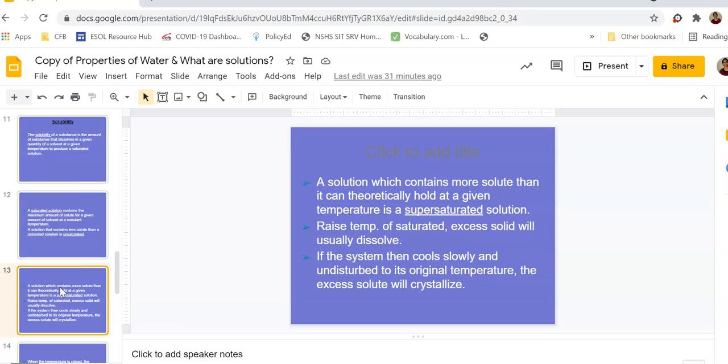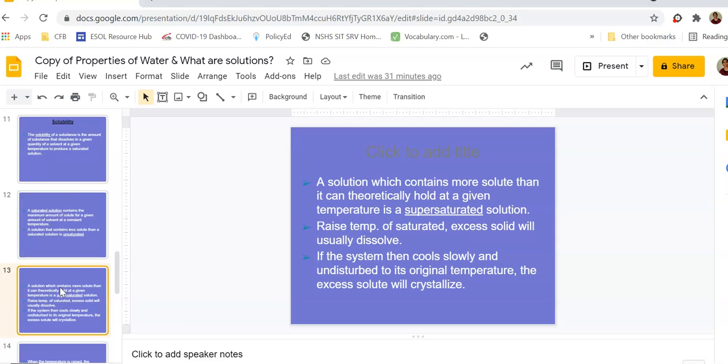So as you raise the temperature, you're able to dissolve some more. So you raise the temperature and you dissolve some more, and then you cool the solution down again. And when you do that, sometimes you still get the solute to stay dissolved even though you've cooled it down. And when you've cooled it down, what you've done is you've created a supersaturated solution, because you artificially were able to dissolve more by raising the temperature.